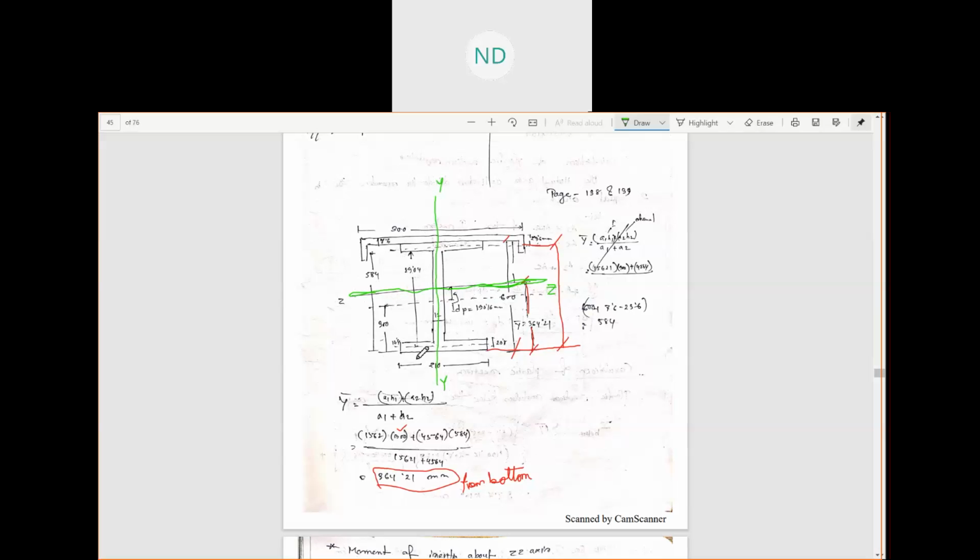After finding the moment of inertia, we can proceed further.